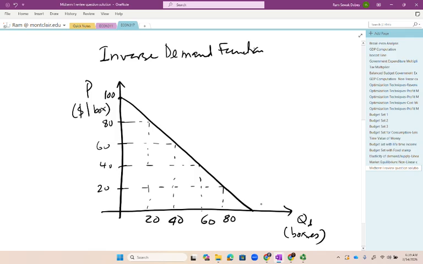Here, I am also making an inference. I am connecting the points in between the prices from 100 to 80 by a straight line, because you can see every time there is a decline in price by 20 units, quantity goes up by 20 boxes.